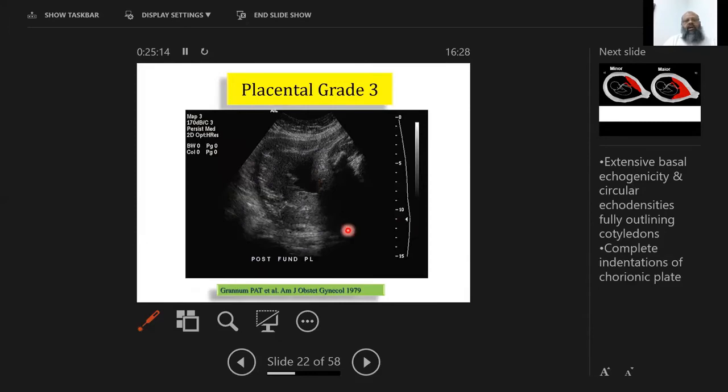Then is grade 3. In grade 3, we can have extensive basal echogenicity and circular echo densities, fully outlying cotyledons, complete indentations of chorionic plate.